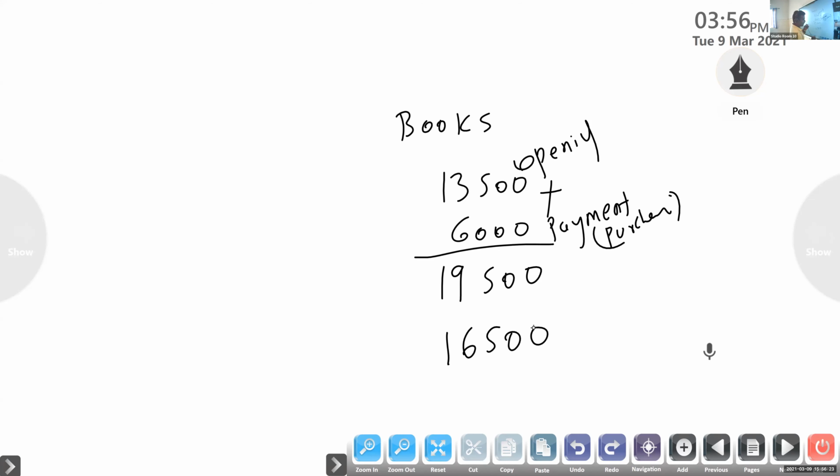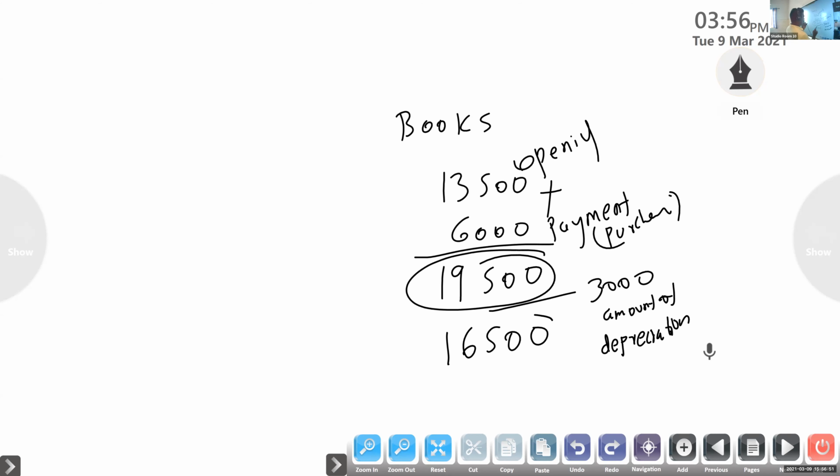It is 16,500. So this 3,000 is the amount of depreciation. Clear? Opening amount plus payments, if any sale is there, less book value. That value and the closing value we compare. That difference amount will be the amount of depreciation.